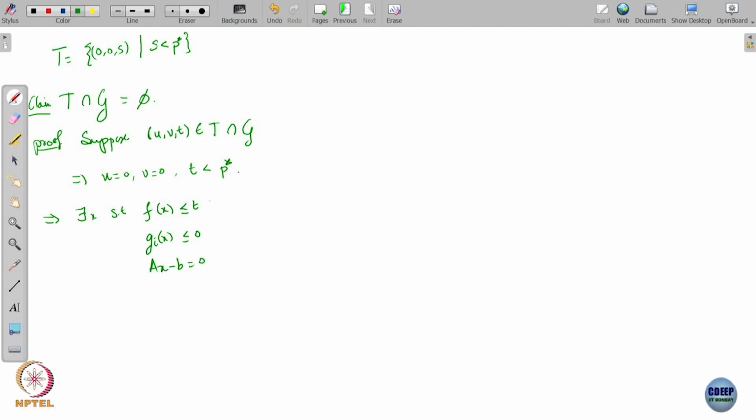But then t itself is less than p star from here. So if t is less than p star, it means that there exists an x which is feasible for P such that f of x is less than the optimal value of P.